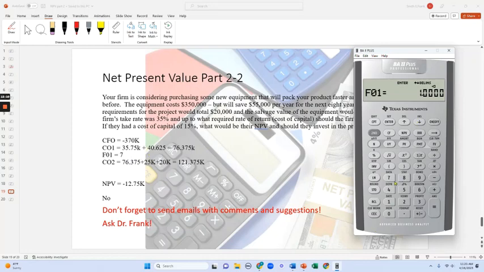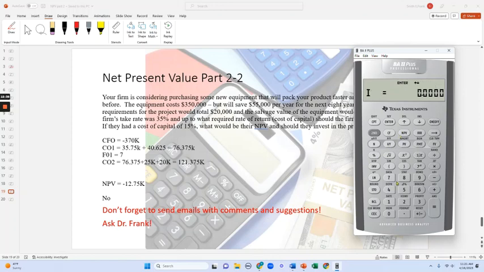The 8th year is going to be different, but all those 7 years are going to be the same. And finally, the last cash flow, the terminal cash flow, is this 121,375, and that occurs once. And finally, we know that our cost of capital is 15%.